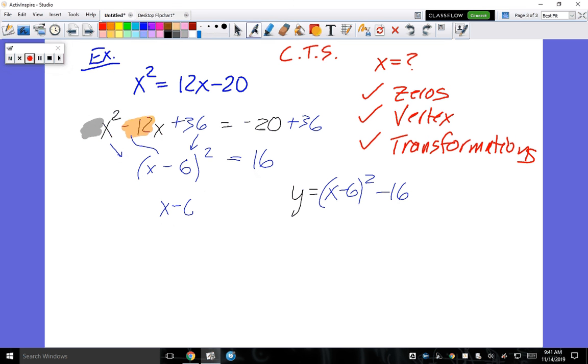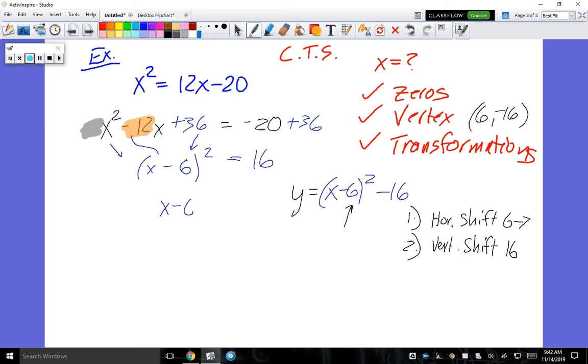So that my vertex would be 6, negative 16. The transformations that occurred are a horizontal shift, 6 to the right, and a vertical shift, 16 down. The zeros of the function can be solved from over here.